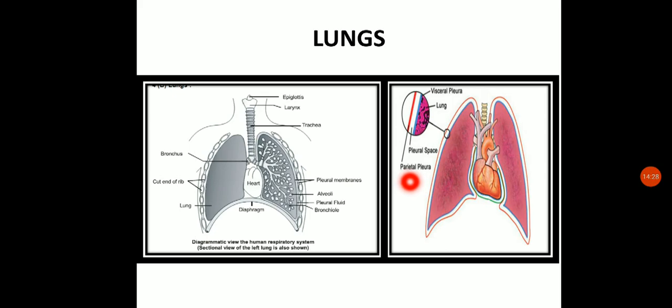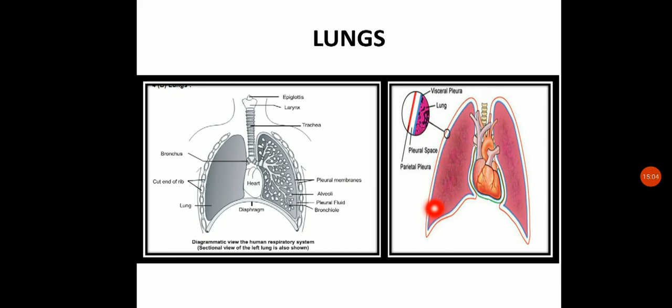The space present between the parietal pleura and the visceral pleura forms a cavity, which is called the pleural cavity. This cavity is filled with a fluid called pleural fluid. So the lung is covered with two layers of membranes called pleura.